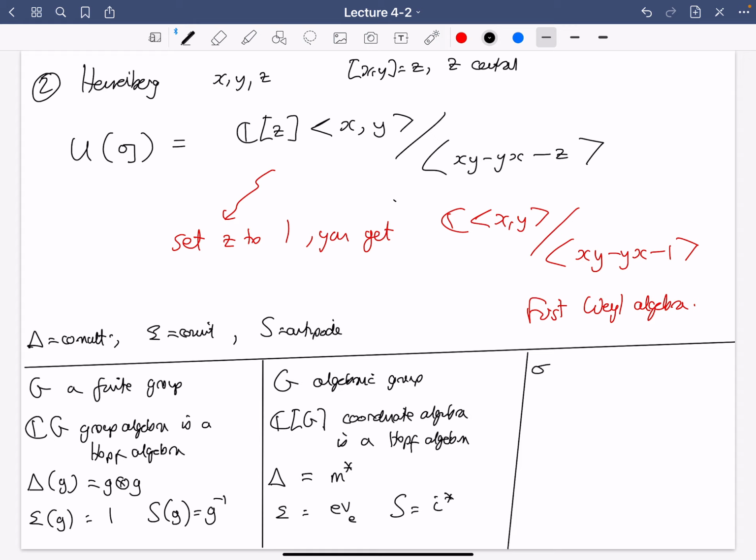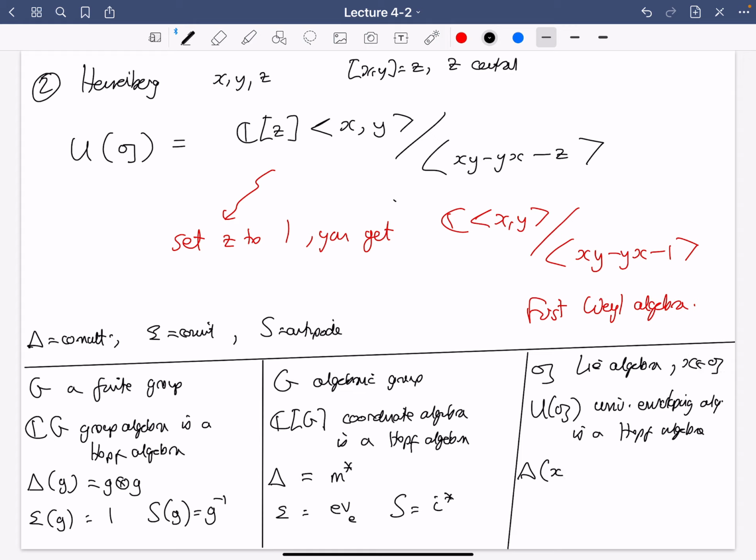So to complete this, if G is a Lie algebra, then the universal enveloping algebra is a Hopf algebra. For the co-multiplication, I'm going to take x in G here.